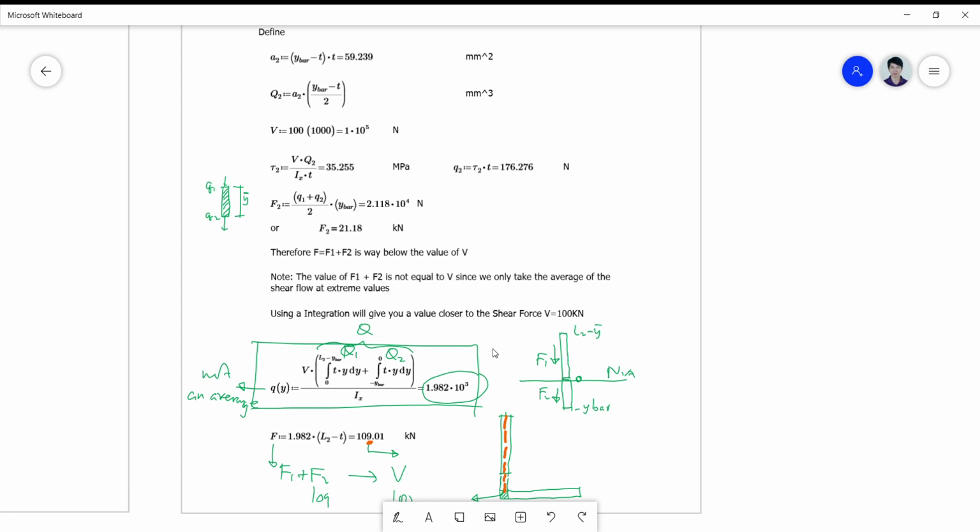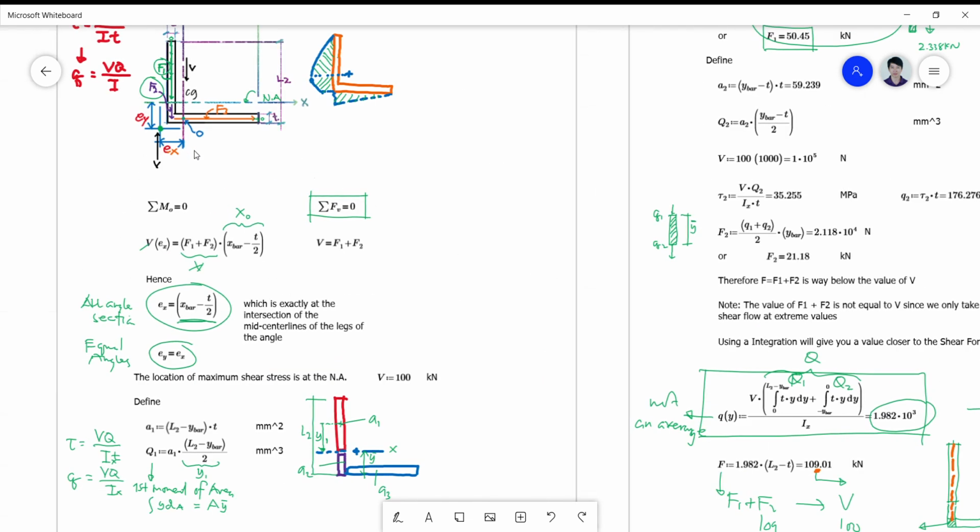And of course, you have to know how to compute for the shear center. The computation for shear center is done using the principle I just gave you here: summation of moments at a certain point is equal to 0.